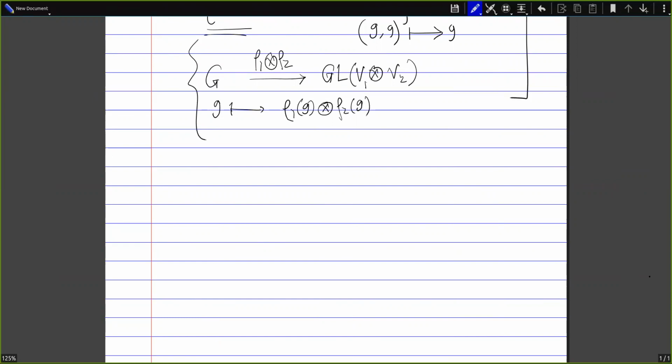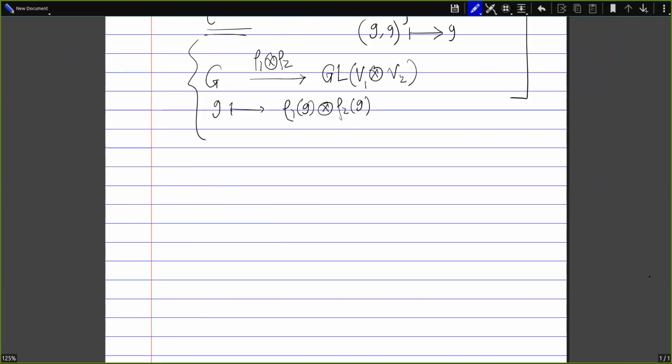Basically, what we want to prove, which is very natural to expect, is: suppose rho 1 is an irreducible representation of G1 and rho 2 is an irreducible representation of G2. Then the tensor product of these two irreducible representations is an irreducible representation of G1 direct product G2. That is what we will prove.